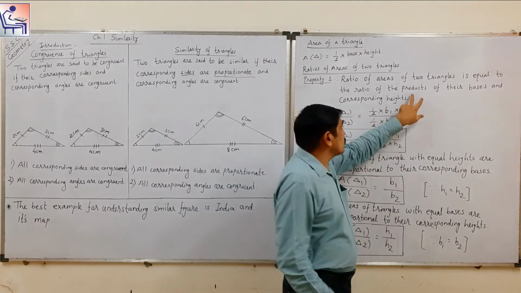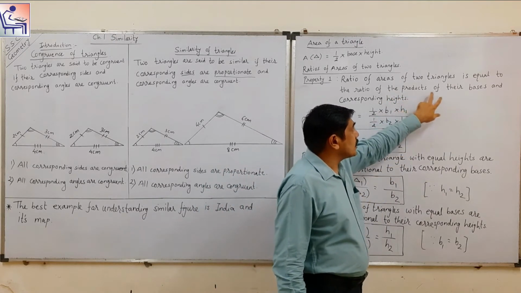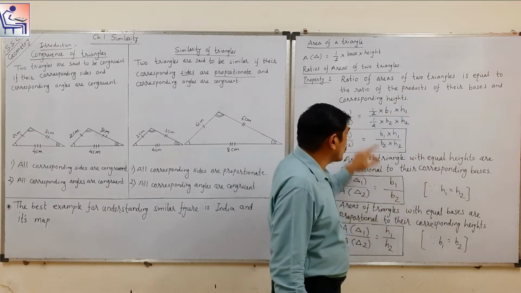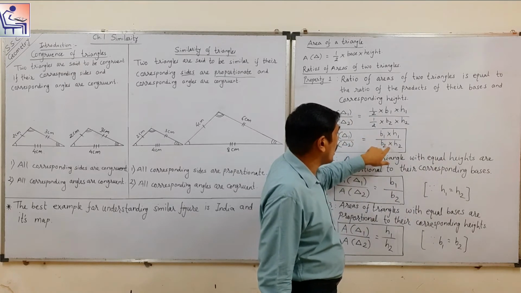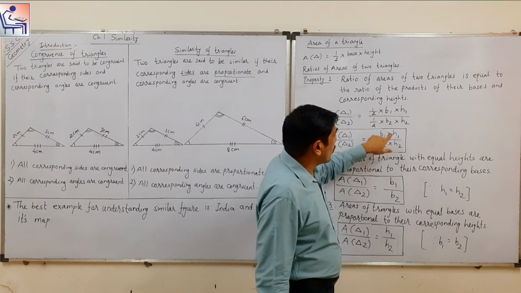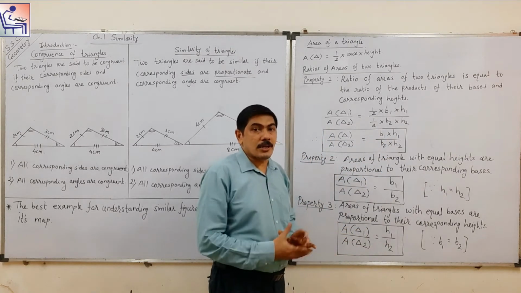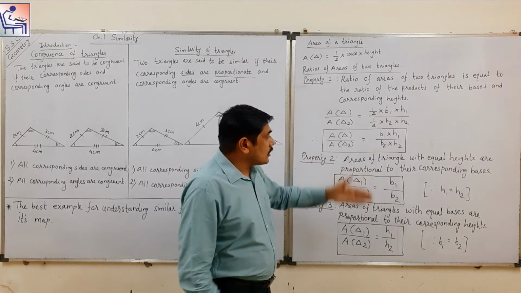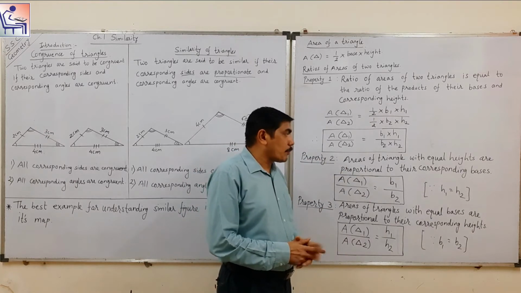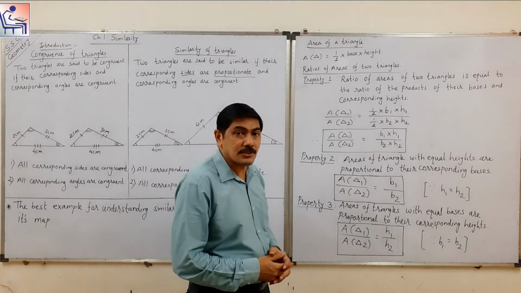That is what they want to say: the ratio of the products of their bases and corresponding heights. Now property 2: areas of triangles with equal heights are proportional to their corresponding bases.